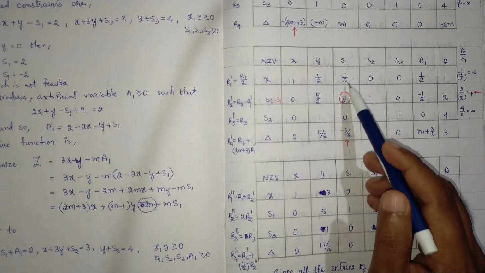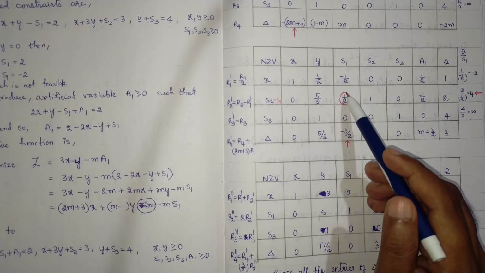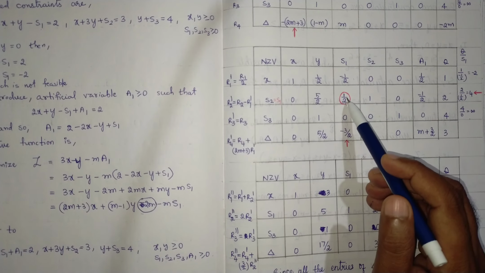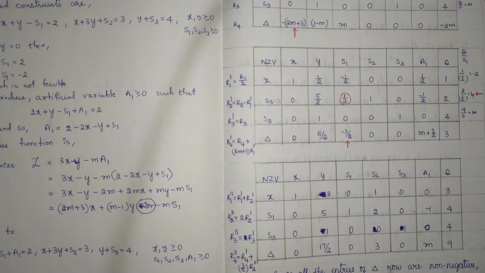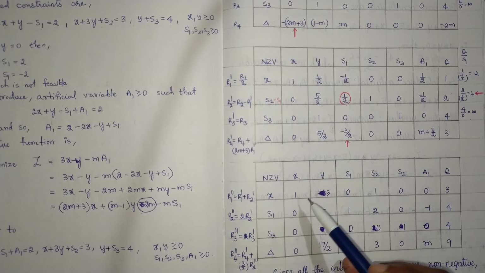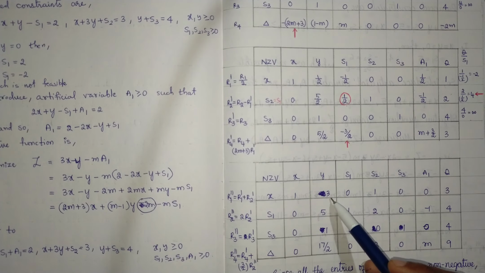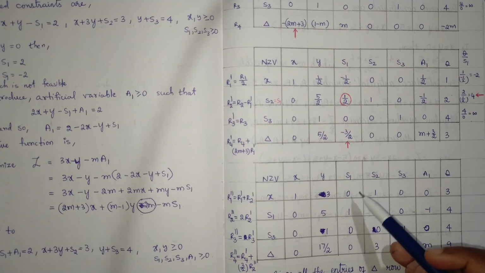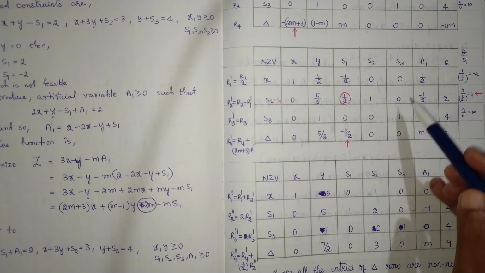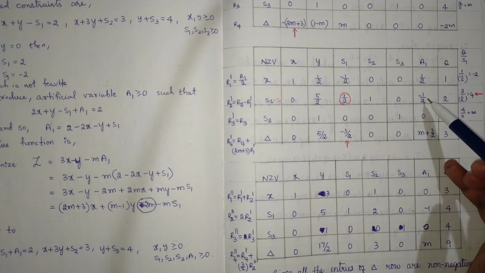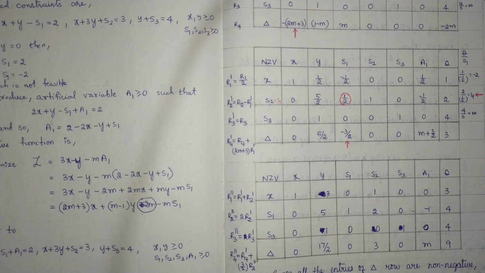Let us add them. Okay, so that it will be 1, so that it will be 0. Plus 1 by 2 minus 1 by 2 will be 0, right? So we have 0 plus 1, 1, 5 by 2 plus 1 by 2, this is 6 by 2, which is 3, and minus 1 by 2 plus 1 by 2, 0, 0 plus 1, 1, 0 plus 0, 0, and 1 by 2 minus 1 by 2, 0, 1 plus 2, 3.